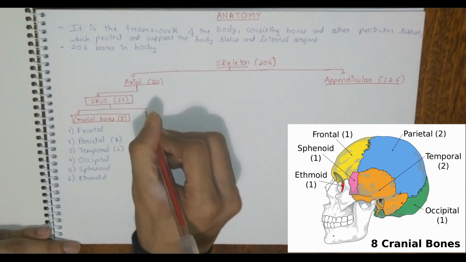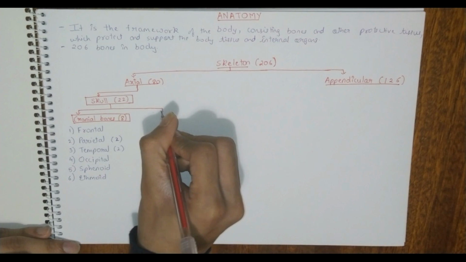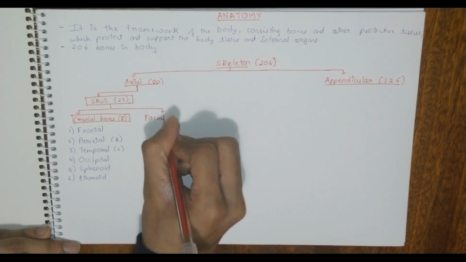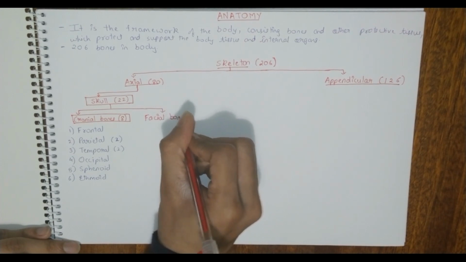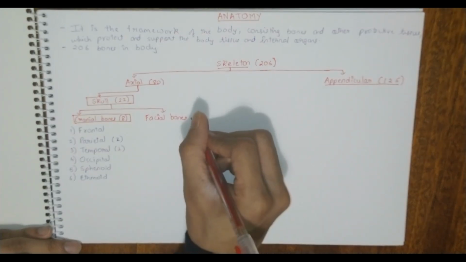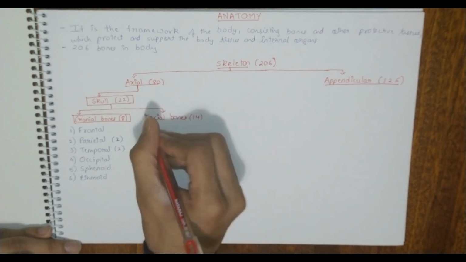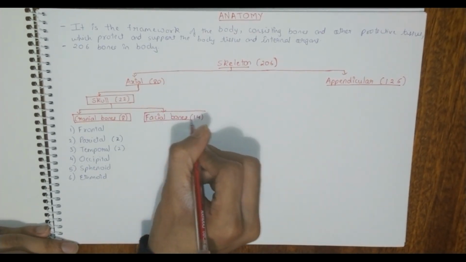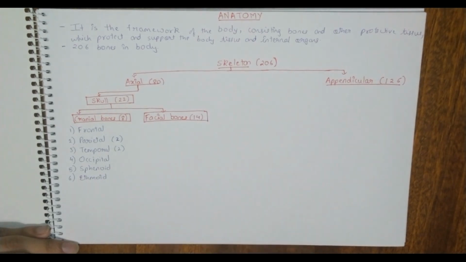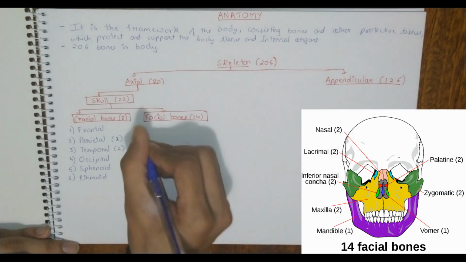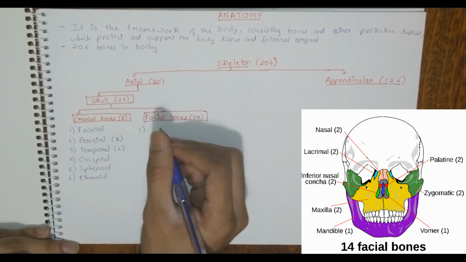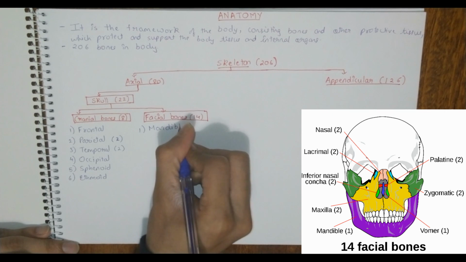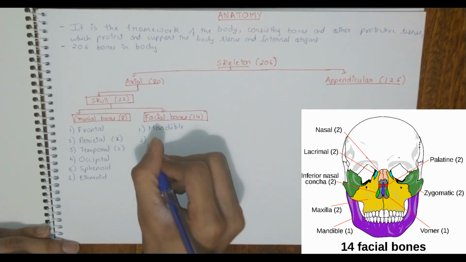Now the next one is the facial bones. So the remaining is 14. There are 14 facial bones. Let me start with the first one, which is mandible, which is 1.